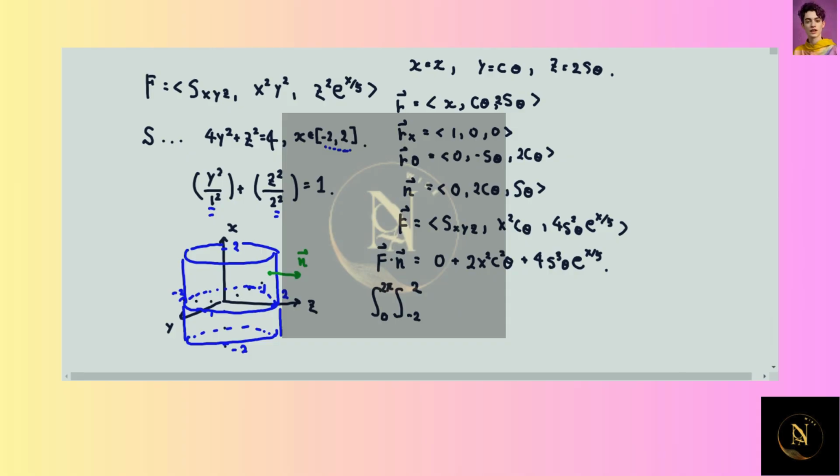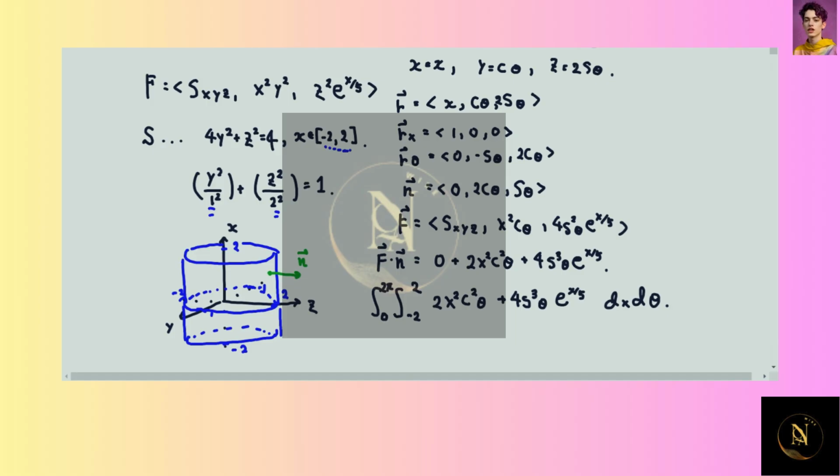That's why the cylindrical coordinate system really works out well in this case. And we're just evaluating 2x squared cosine squared theta plus 4 sine cubed e to the x over 5 dx d theta.